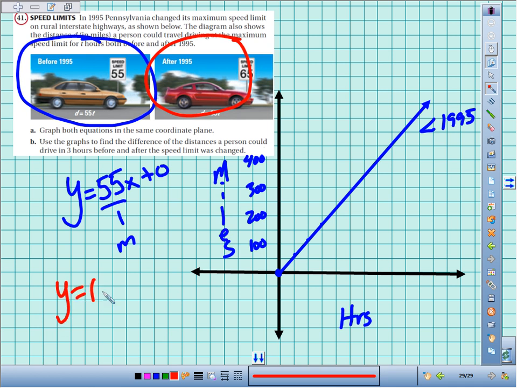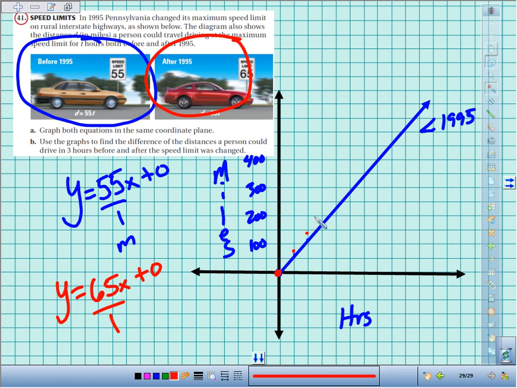y equals 65x. The only difference here, it still has a y-intercept of 0, because if you don't travel for any hours, you don't have a distance in miles. The difference is this slope is 65 over 1. So it's going to be a steeper graph. Instead of up 55 over 1, we have to go up 65 over 1. Up 65 to 130 over 1.